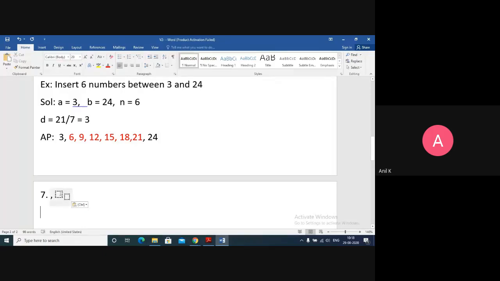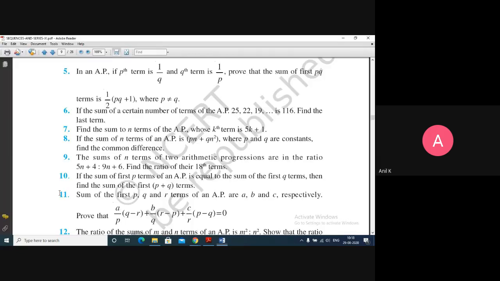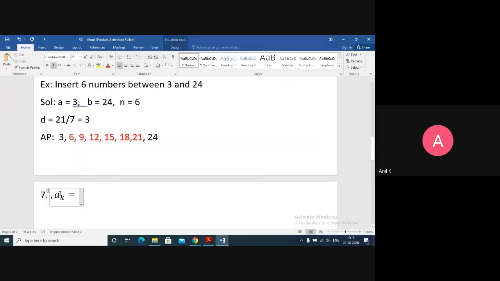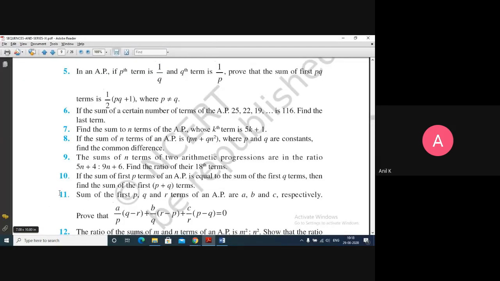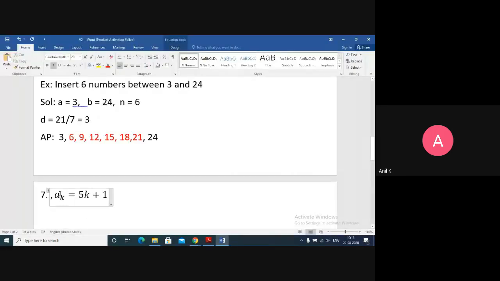The kth term is given, a_k is 5k plus 1, and they ask for the sum of n terms, that is, the Sn value you have to find.